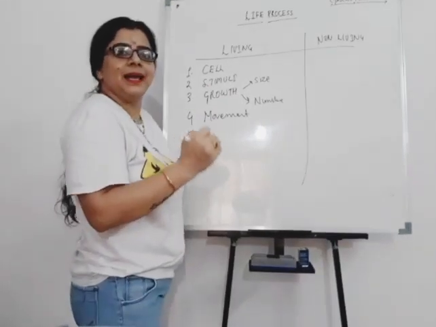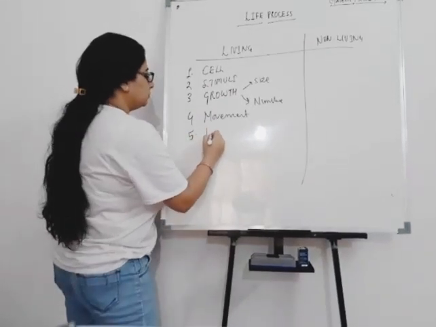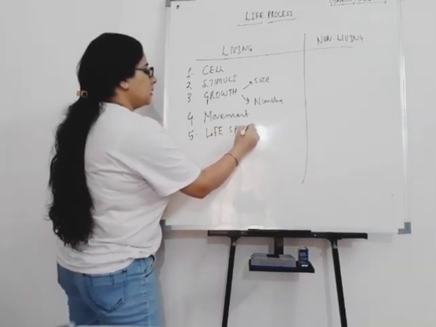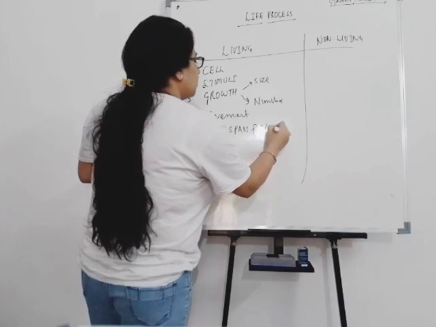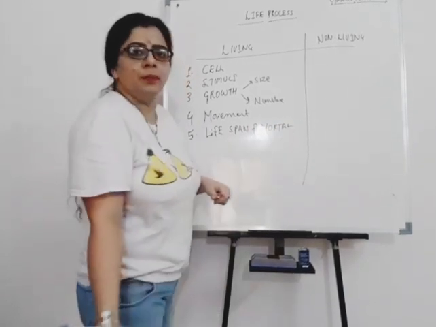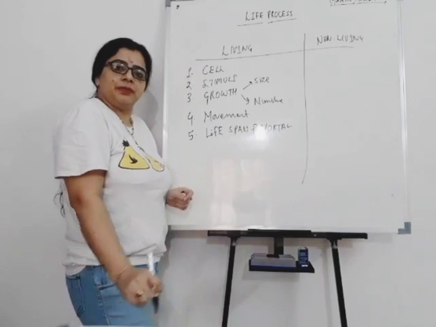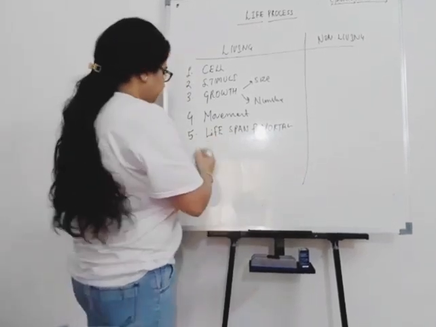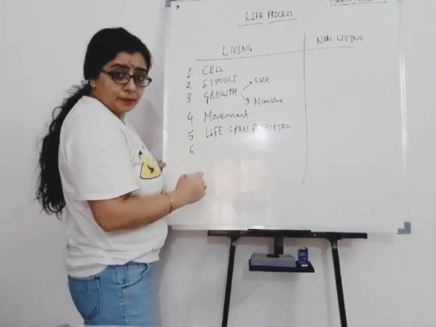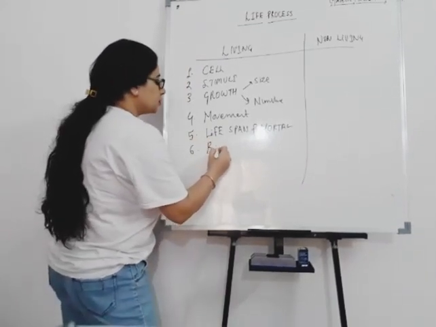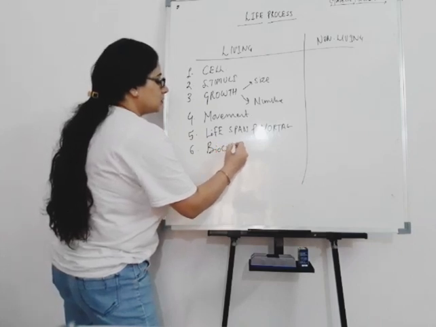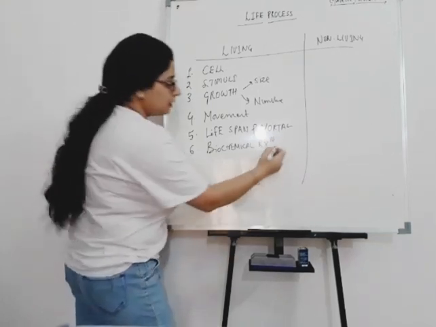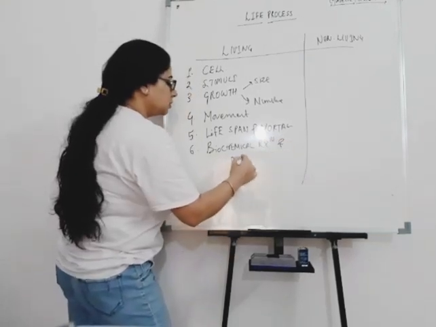Fifth one, they will be having a certain lifespan, and they will be mortal. The lifespan can be from 1 day to several years. And the sixth and the very important one is the biochemical reactions and physiological function.